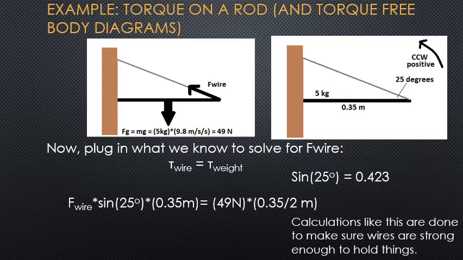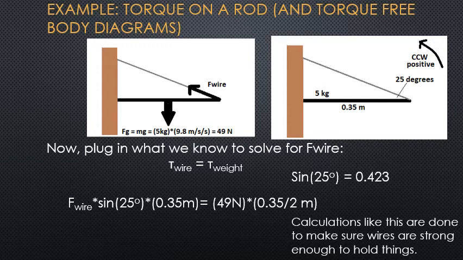So torque of the weight is simply going to be the force of the weight, which you can see right here is 49 newtons, multiplied by the distance. And remember, we said that weight, gravity, can be assumed to be in the middle, the exact center of the shelf.